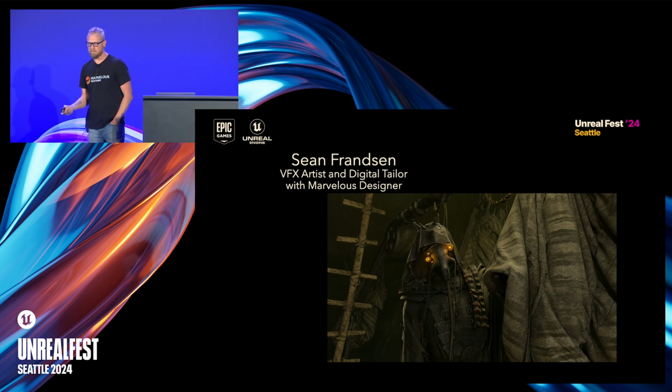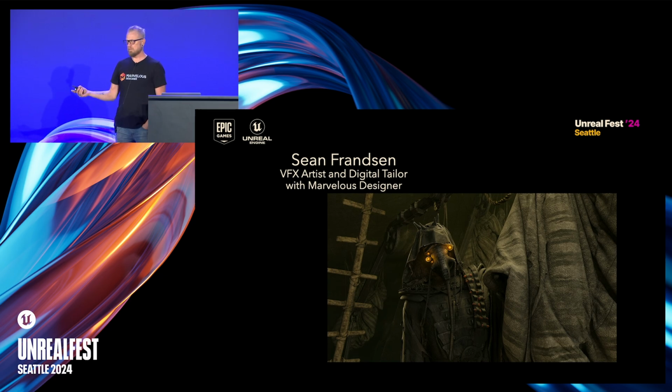They ended up using some of my simulations straight from Marvelous Designer, and the guy said, finally, it looks like cloth. There aren't as many ways to fake things, but what's awesome about Marvelous Designer is it's super realistic, and a lot of times just a couple iterations and they were happy with my work.